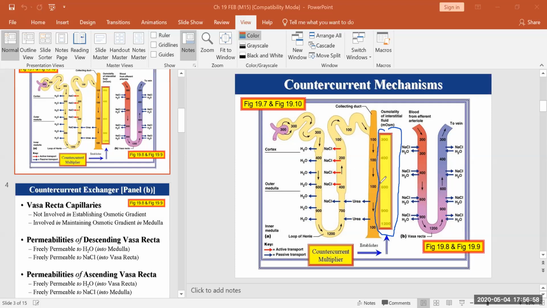Even though the osmotic gradient is present 24/7, the juxtamedullary nephron keeps producing dilute urine if the body is properly hydrated. So in this case, both the cortical nephron and the juxtamedullary nephron produce dilute urine if you have proper fluid intake.